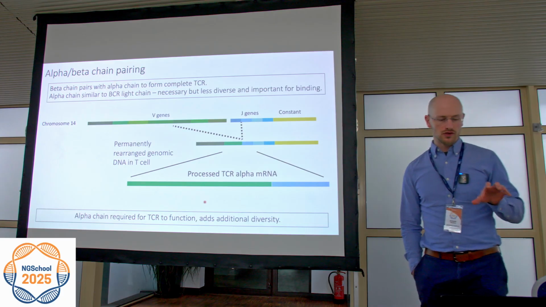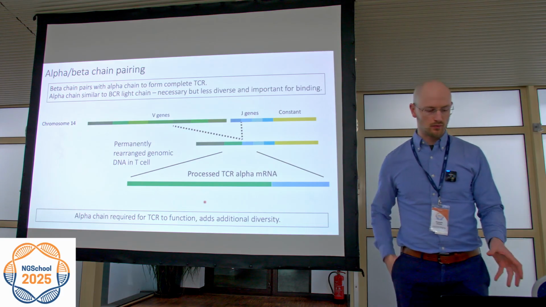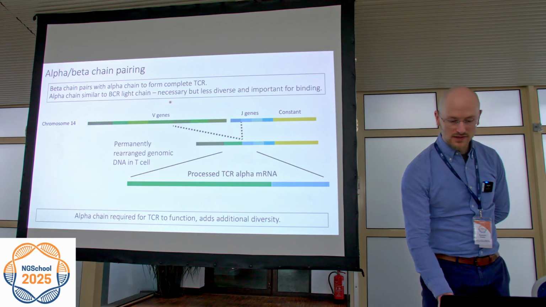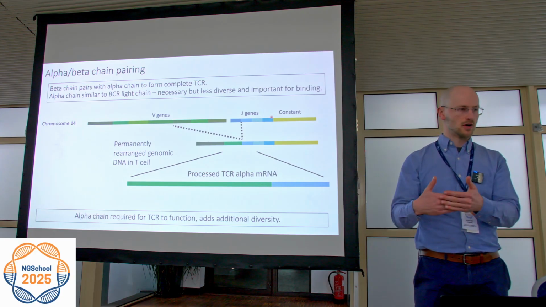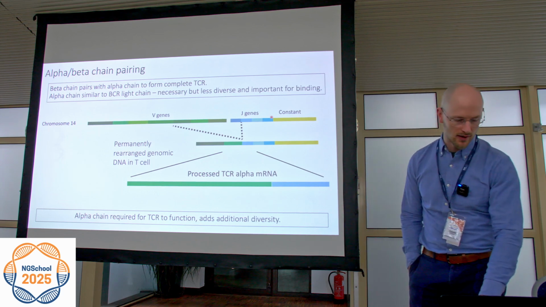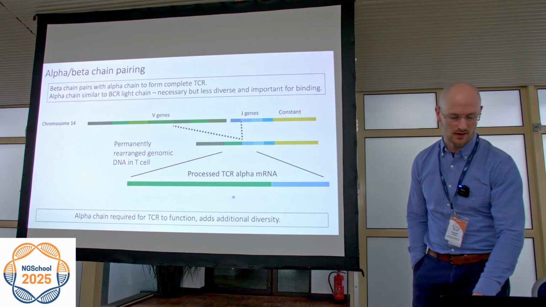Similarly to the light chain, we also have the alpha chain, and this has V segments and J segments, and those are spliced together to again give a permanently rearranged alpha locus within a T cell.